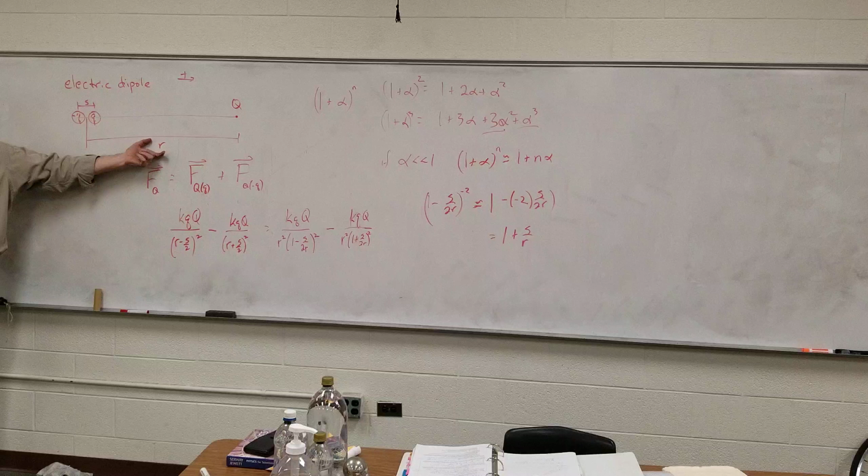We are making the assumption here that r, the distance big Q is away from this dipole, is significant. In other words, the distance between the two little charges is small compared to the distance to the big charge.